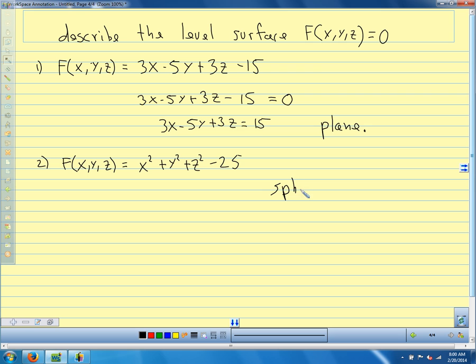And what's our radius? Radius 5. When I set this equal to 0, I get x squared plus y squared plus z squared equals 25. So this is a sphere of radius 5. All right, this one, let's be careful with this one.